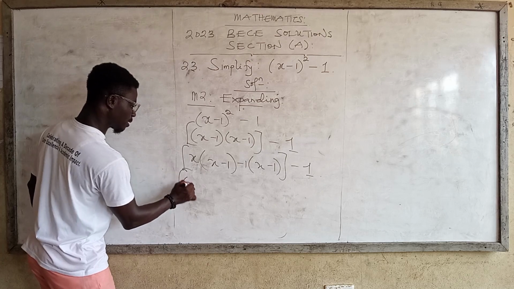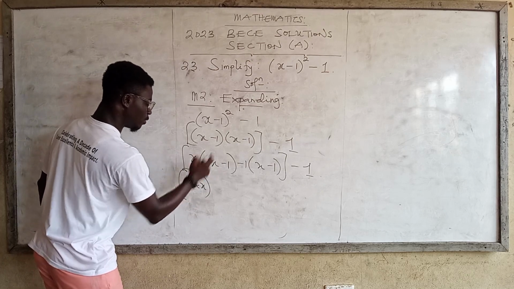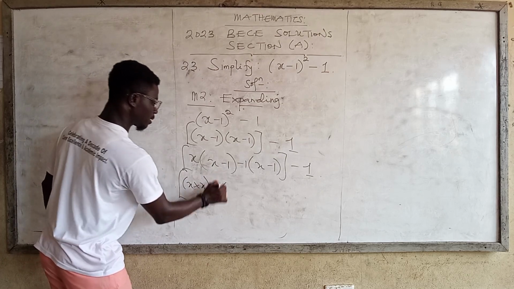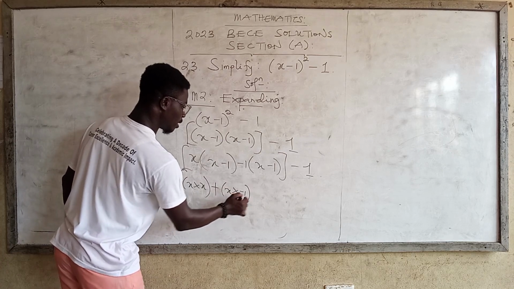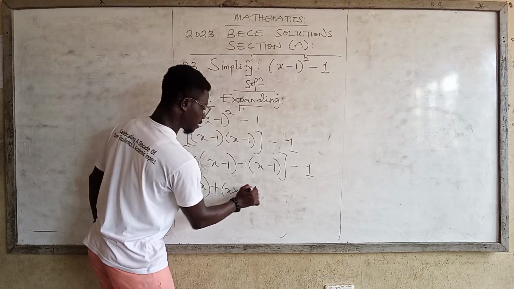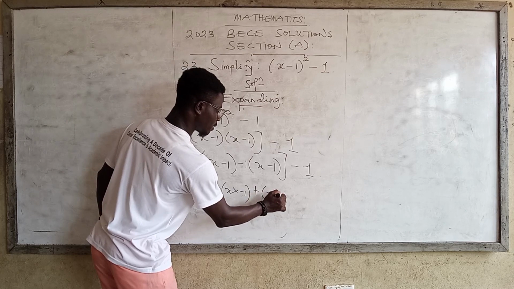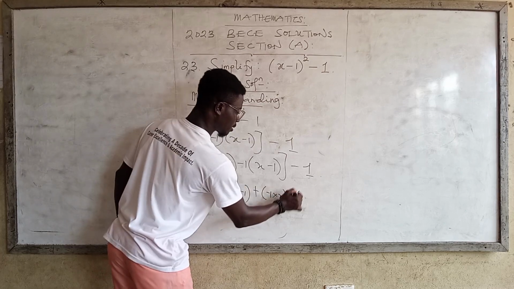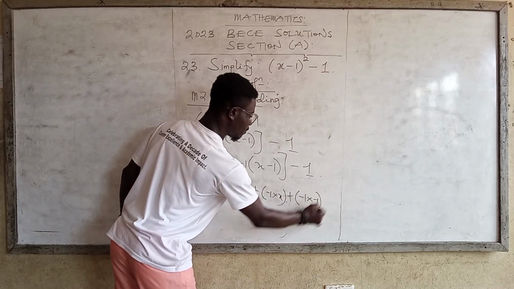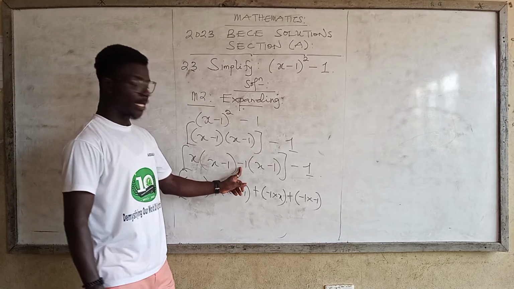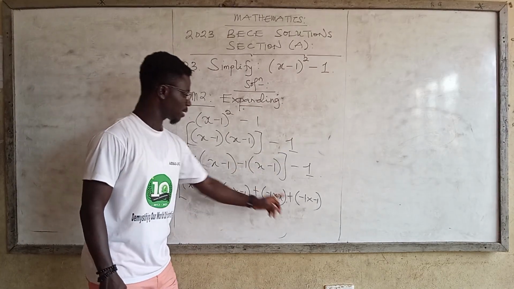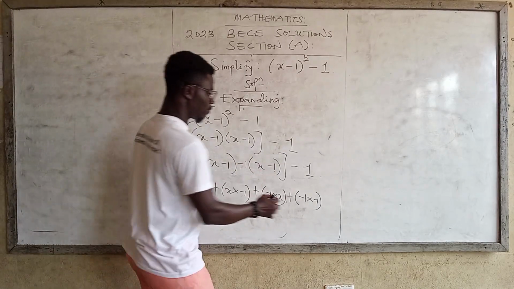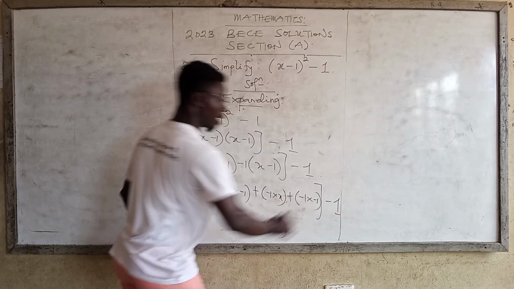I have x times x. Then when you see minus, drop plus, x times negative 1. Then plus negative 1 times x. Then plus negative 1 times negative 1, minus 1.